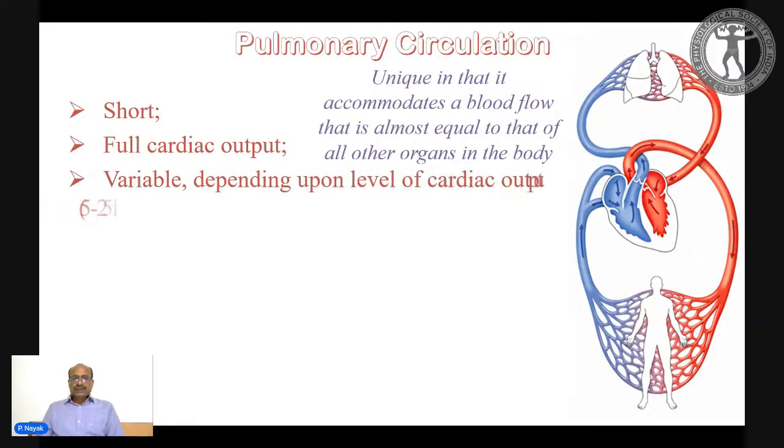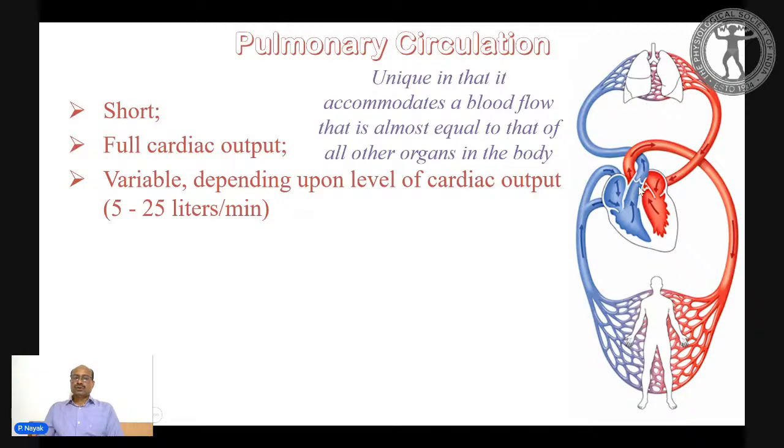The capacity is variable. As we know, during severe exercise, the cardiac output can be 5 times higher than at rest. If cardiac output is, say, 25 liters, this 25 liters is being distributed into the body as per requirement. However, the same amount has to be accommodated within the pulmonary circulation.